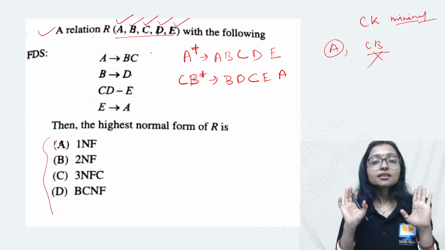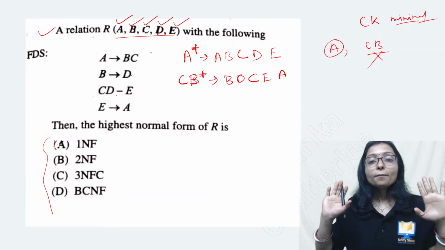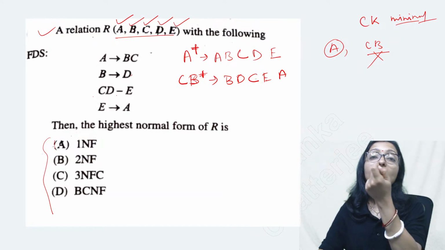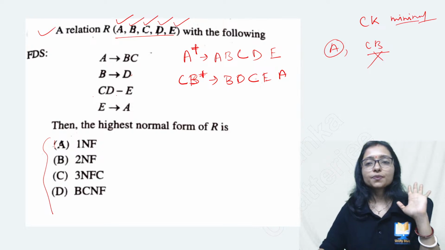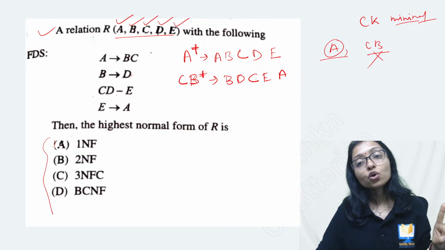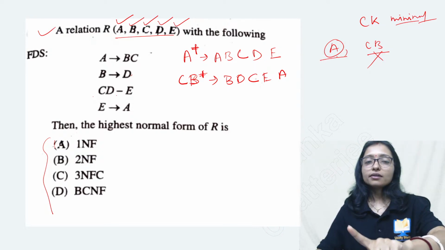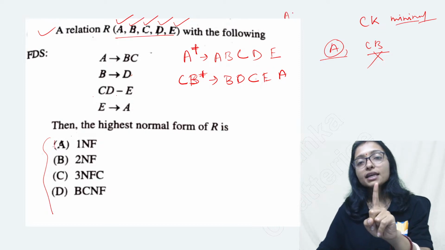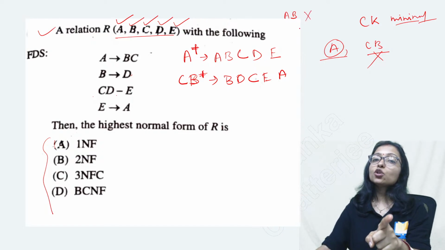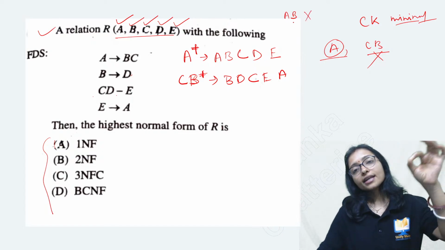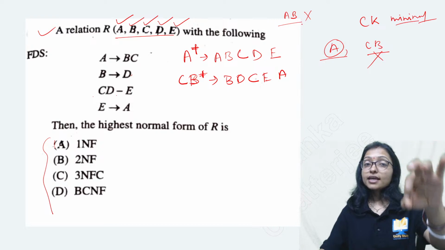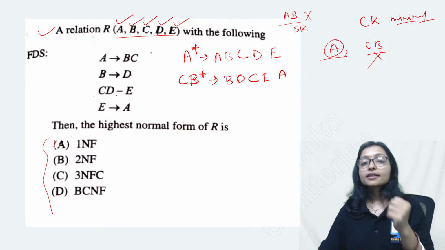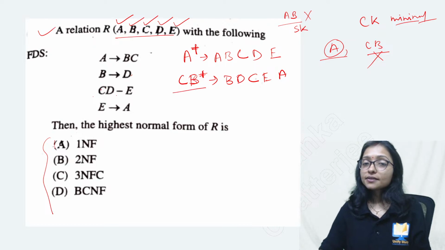Yaar, understand. Minimal does not mean you are counting the number of attributes. A alone can determine everyone. That's why A is the candidate key. If I say AB, is it a candidate key? No. Whenever you are adding something extra, it is a super key. But then why is CB a candidate key?